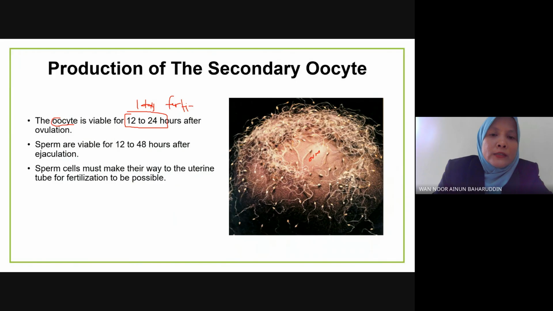But sperm have a longer time, from 12 to 48 hours. For 2 days they can reside inside the womb after ejaculation. This gives more time for them to make their way to the uterine tube for fertilization to be possible.